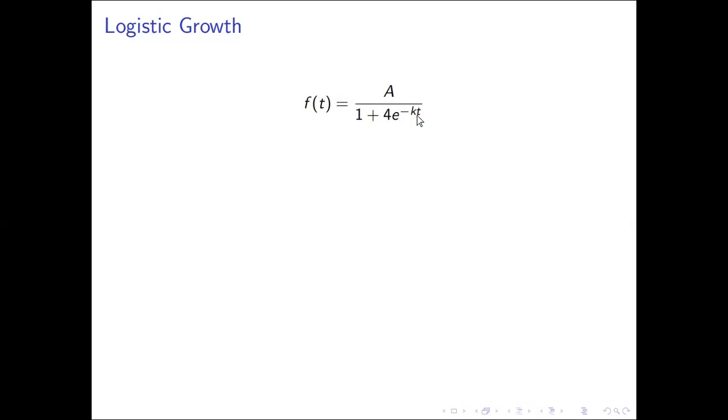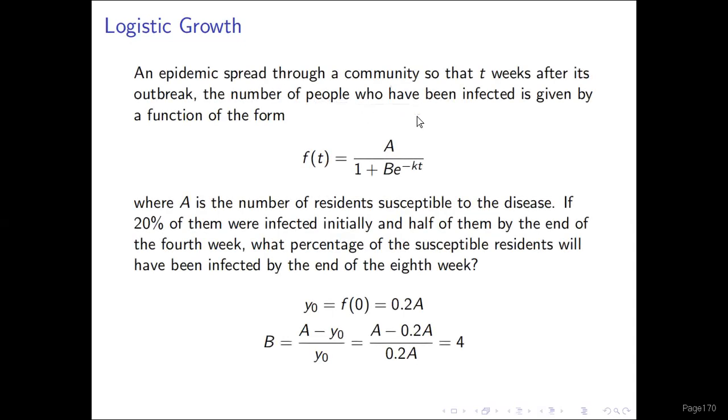So we just solve for k. The problem says half of them by the end of the 4th week. So 50% after t equals 4. We will be using that to solve for k first.